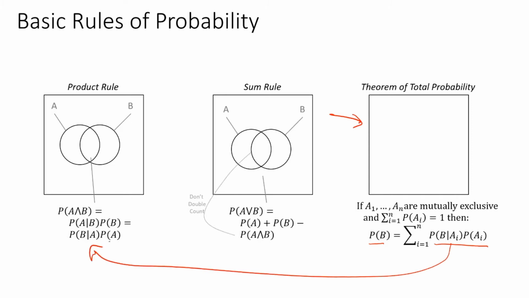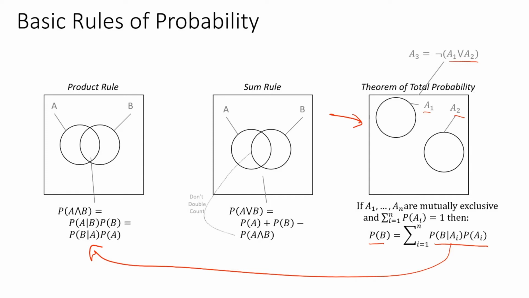The whole space is covered by those, B has to intersect multiple of them, and if we add up the ands of all those intersections, that works out to equal B. In this little example, we have A1, A2, and A3, which is everything that's not in A1 or A2.